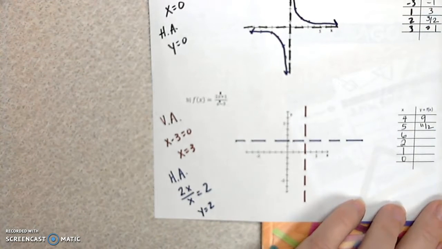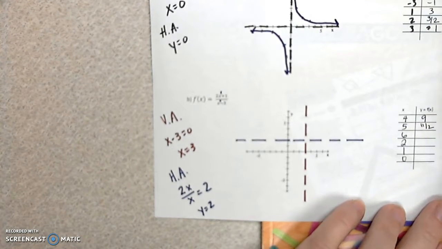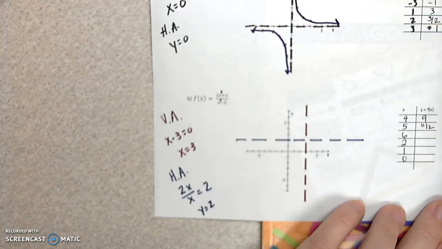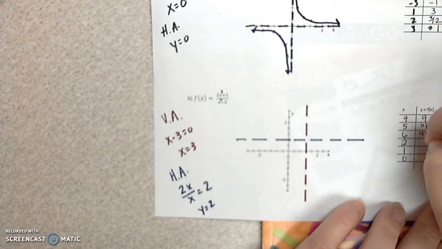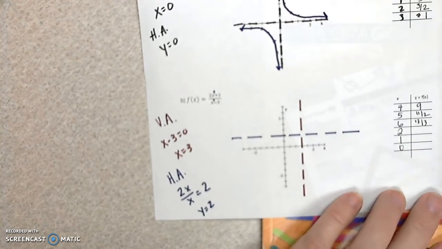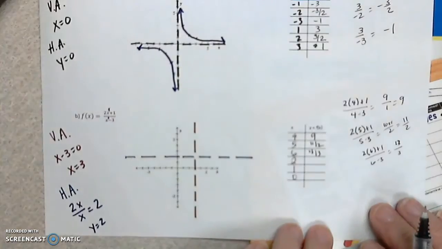Then if I fill in a 6, that would give me 13 over 3, 13 thirds.